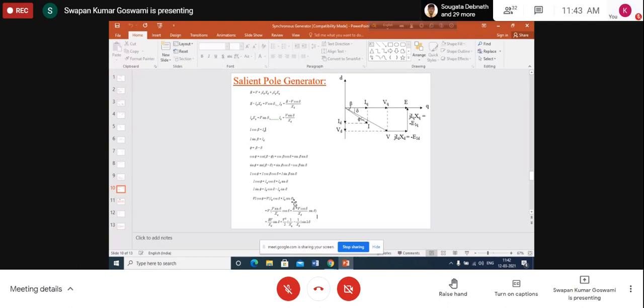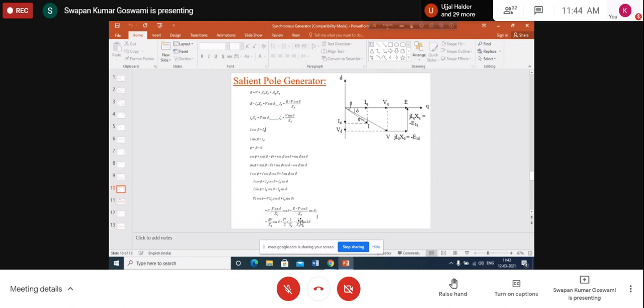Put the value of IQ and ID, and by putting the value, you see that you have V into V sine delta by XQ into cosine delta plus E minus V cosine delta by XD into sine delta. So rearrange it, and you will be obtaining V into E by XD sine delta plus V square.